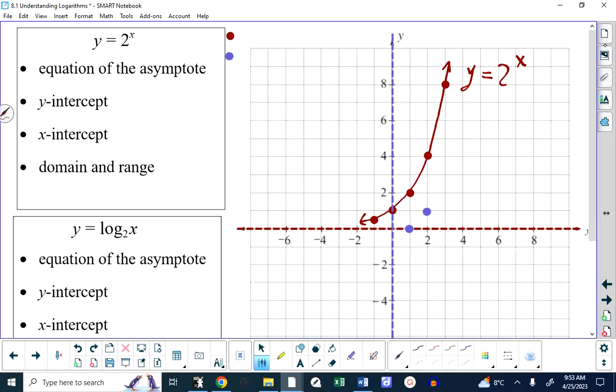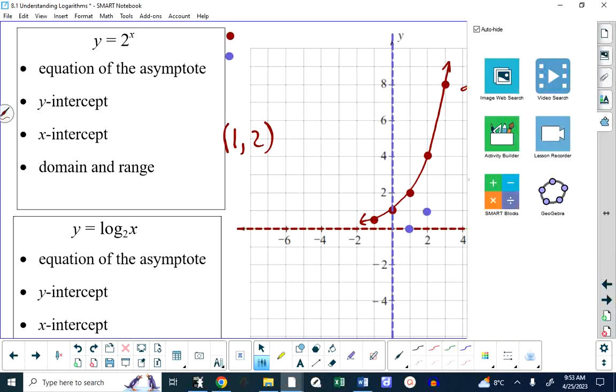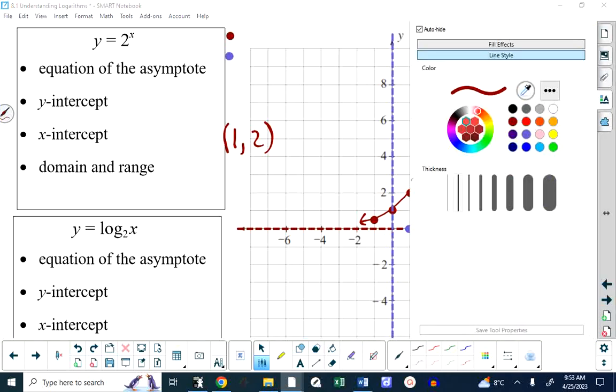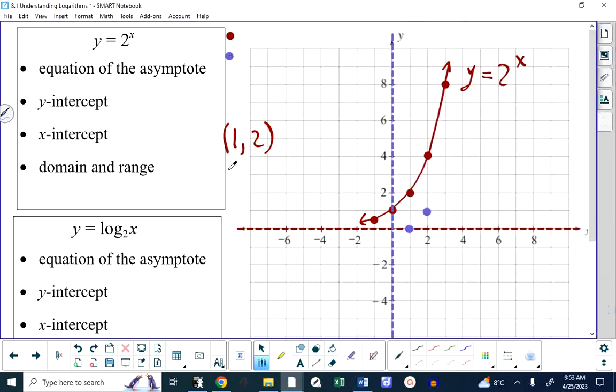I'll write that over here. If we take 1, 2 and switch it, it's going to become 2, 1. If you need to write down the coordinates as you're doing this either now or later, feel free. If I take the coordinates here, which are 2, 4, and switch them, I get 4, 2.